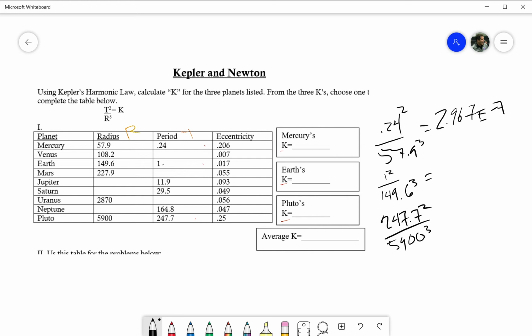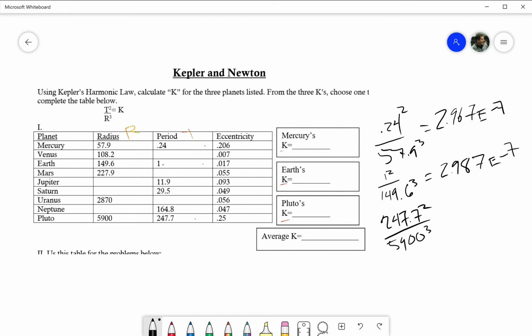Okay, next one, I do 1 squared divided by 149.6, math 3 with a TI, and that would cube it. Okay, and I get 2.987 times 10 to the negative 7 as well.